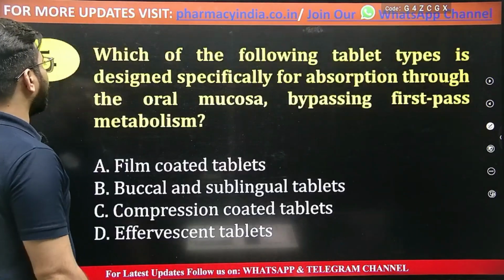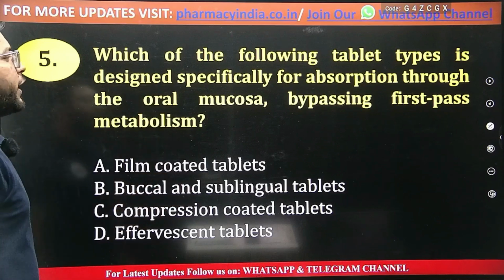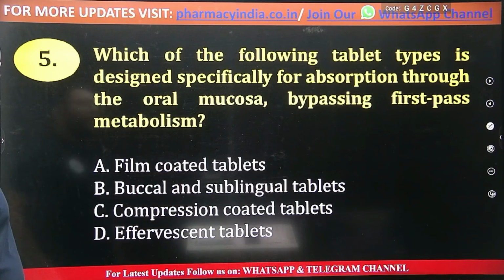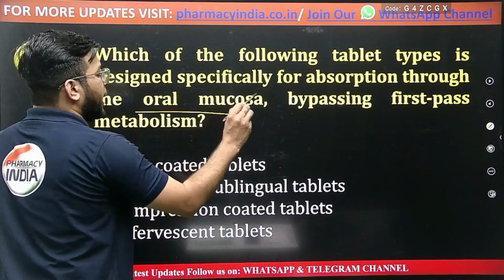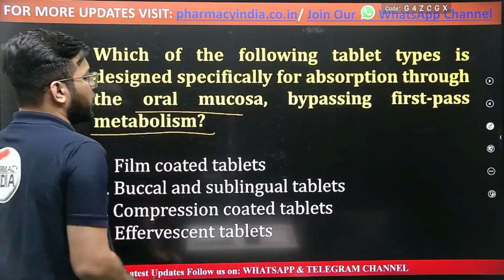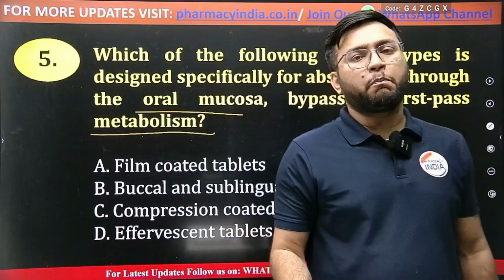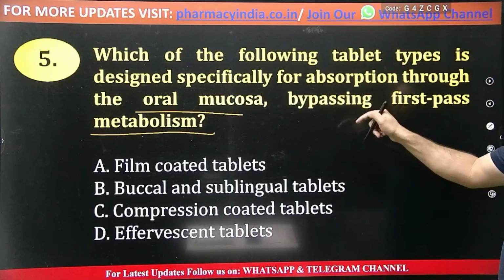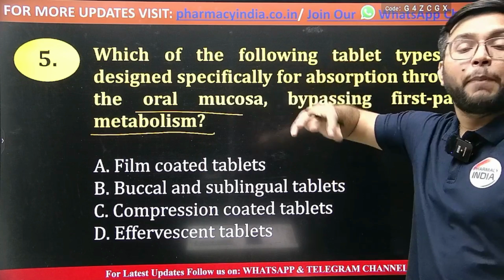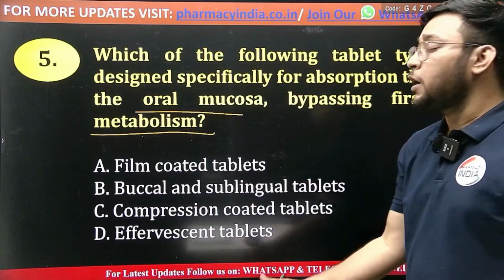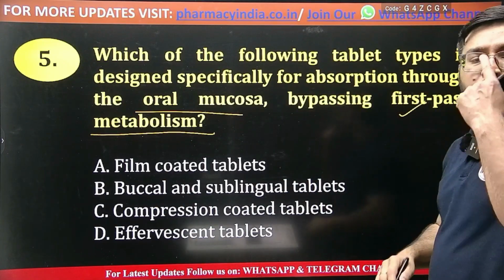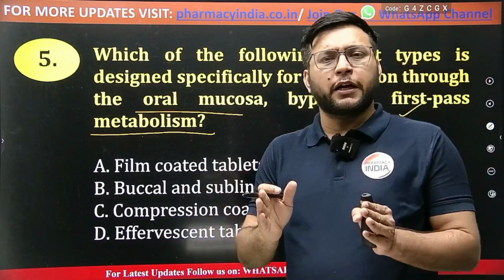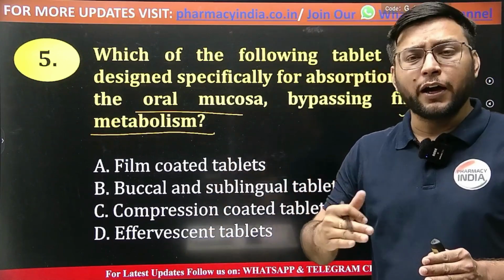Now moving on to the next question: which of the following tablet types is designed specifically for absorption through the oral mucosa, bypassing first pass metabolism? Which type of tablet is meant for the oral mucosa and will bypass first pass metabolism? What is first pass metabolism? First pass metabolism is a phenomenon of drug metabolism.